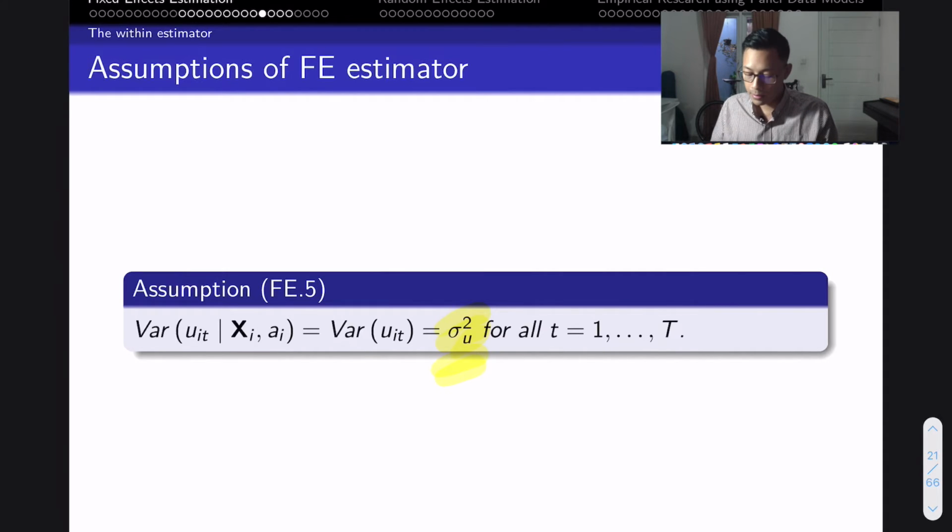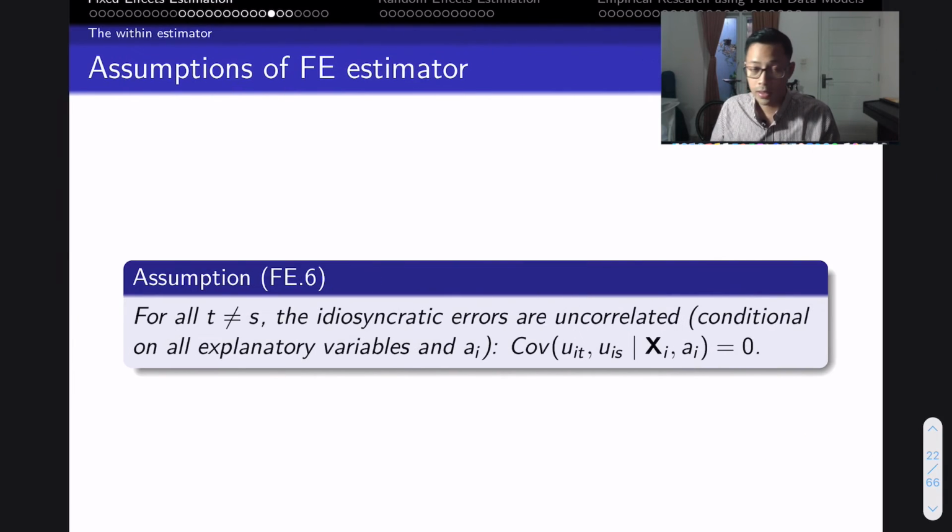And then the sixth assumption is that for all t not equal to s, the idiosyncratic errors are uncorrelated. Again, this is conditional on explanatory variables. What it means is that there is not going to be serial correlation of the shocks across periods.